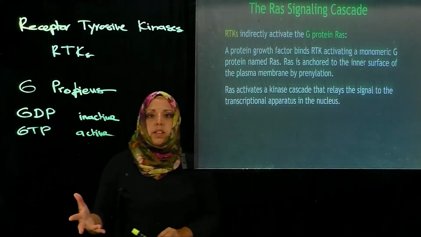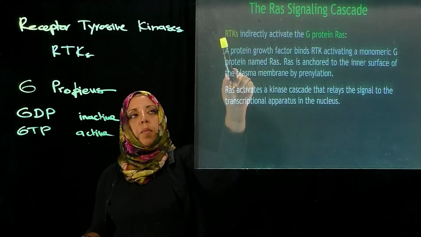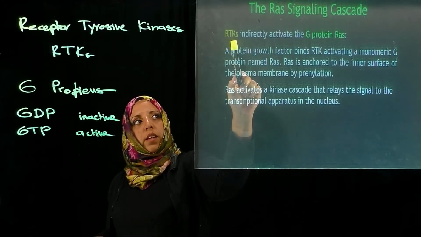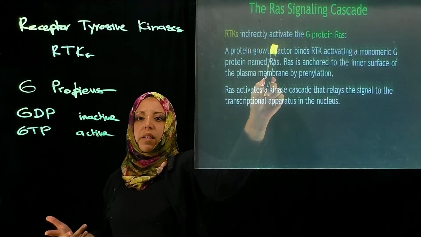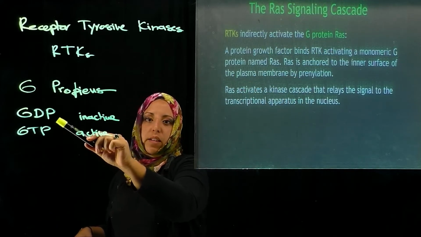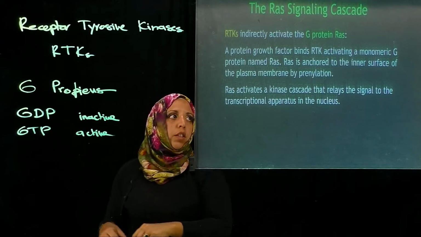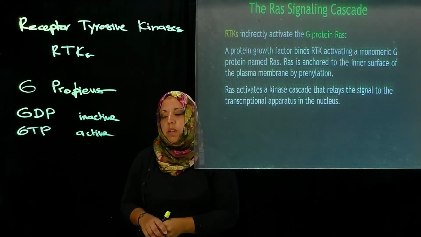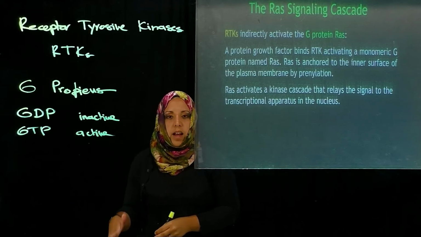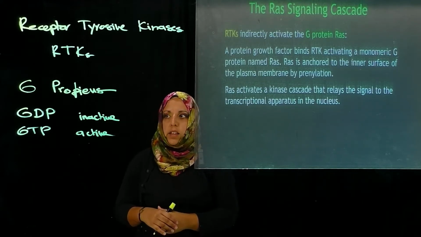So we'll specifically take a look at the Ras signaling cascade, whereupon the receptor tyrosine kinase will indirectly activate Ras, and Ras is a G protein. Once it's activated, it's going to replace its bound GDP by GTP, and then once it's active, it will cause the entire kinase cascade.